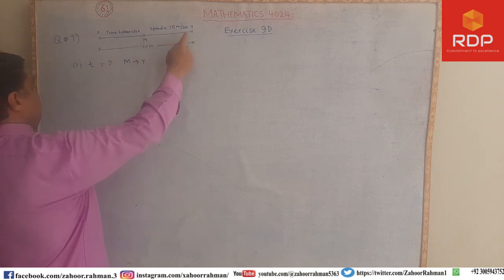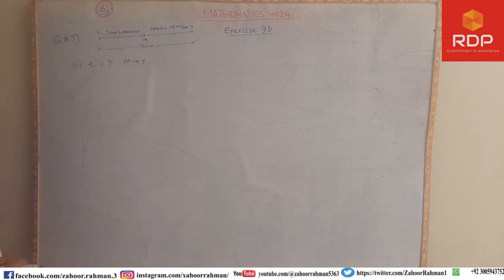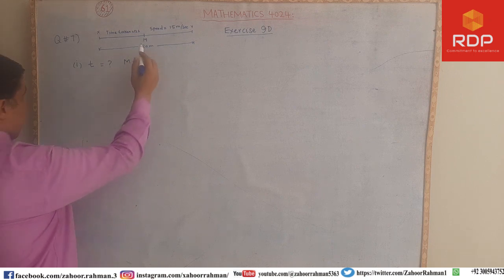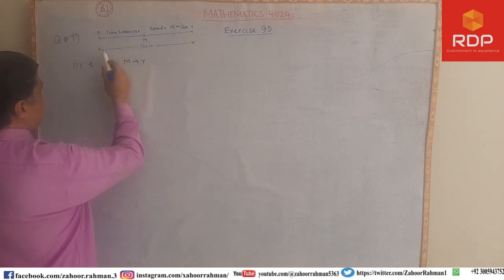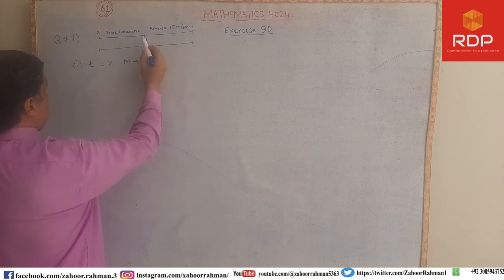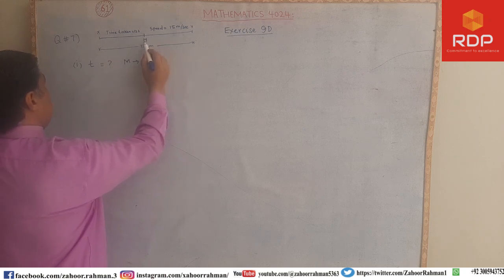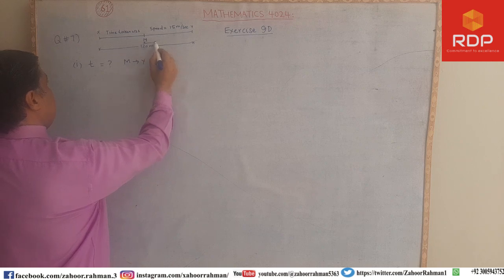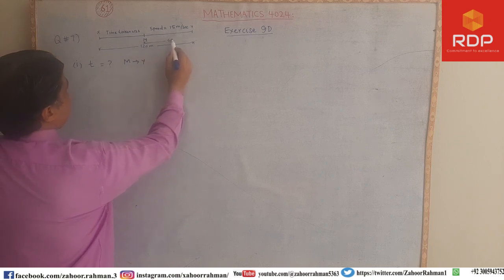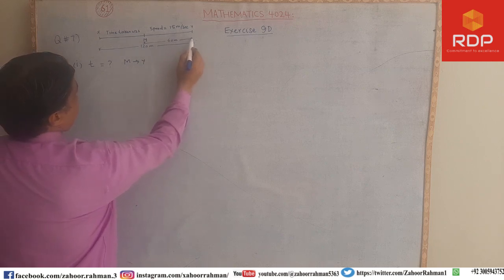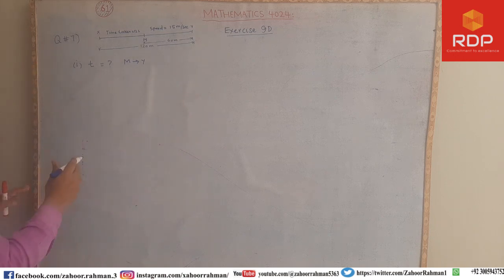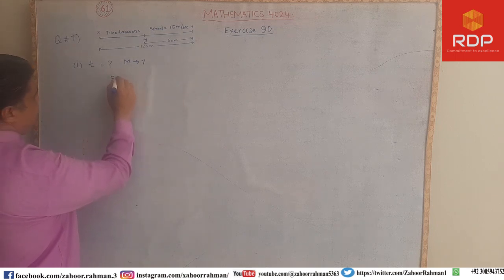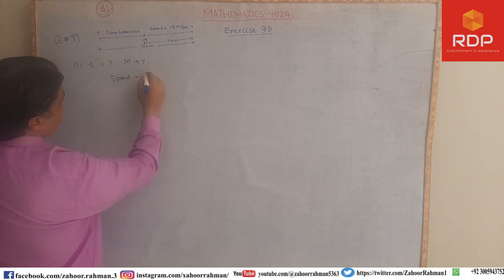From here to here, it is 60 meter. Why? Because M is the midpoint of this 120 meter. So from here to here, it will be 60 meter. And that is the information we need to find the time.